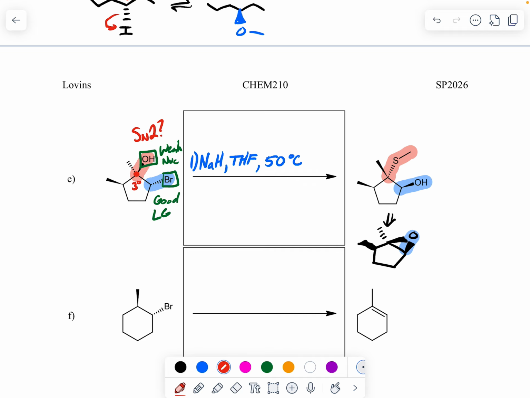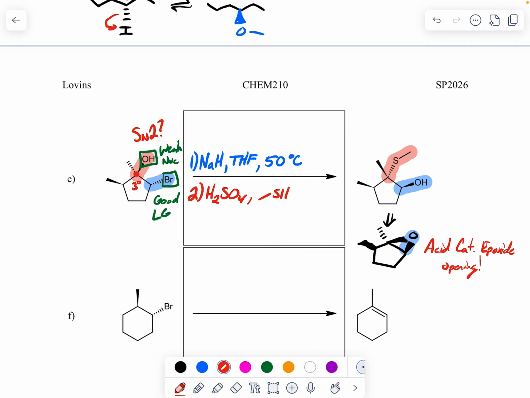From this epoxide, in order for us to open it, remember that we need to do an acid-catalyzed epoxide ring opening, alongside having the nucleophilic sulfur. So what does the acid-catalyzed epoxide ring opening look like? Well, we need a strong acid, such as H2SO4, and it needs to be in the presence of that thiol leaving group.